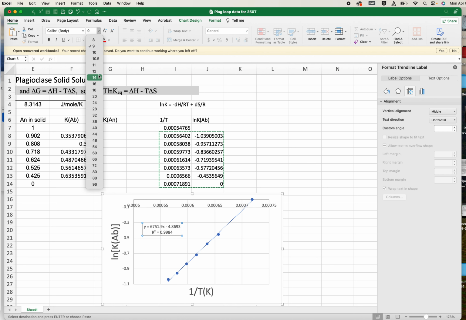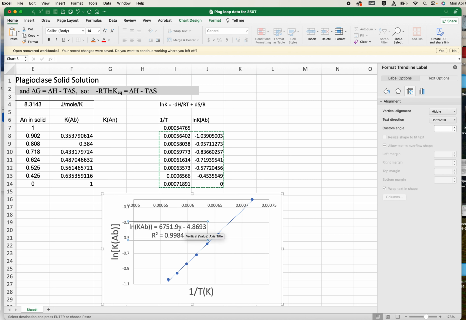And the beauty of this is not only can we do linear modeling, but these values now have some theoretical meaning. So this is the natural log of the k of Albite, and that is a function of 1 over temperature. So I'll just write this as that.